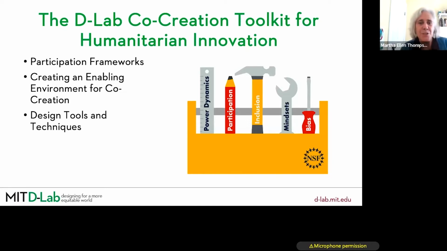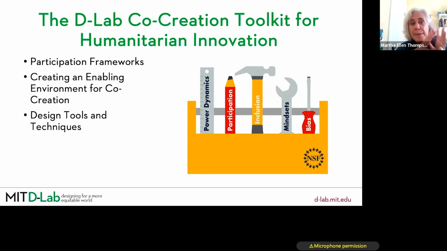So we just want to do a little introduction to what the toolkit is. It is a curriculum for graduate students who are going to be working in co-creation or who are going to be doing work in humanitarian settings to learn about co-creation. But we also feel that the toolkit could be very useful for humanitarian organizations who are interested in doing co-creation or participatory design.